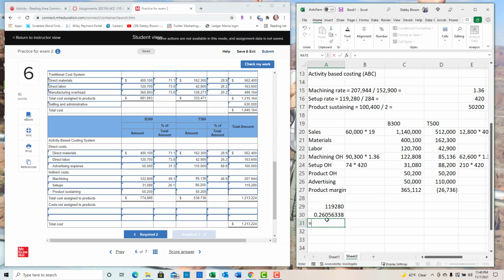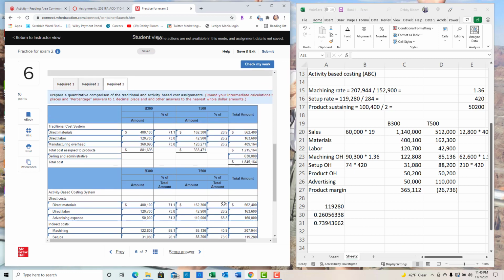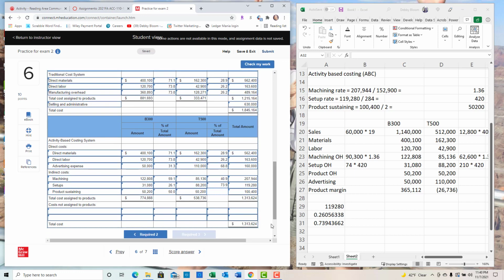And here I'm going to take 88,200 and divide by 119,280, and I'm going to get 73.9%. And finally, 50,200 and 50,200 is going to give me 100,400. And each one is exactly 50%, so 50.0 and 50.0. I don't want to put in any typos in this.